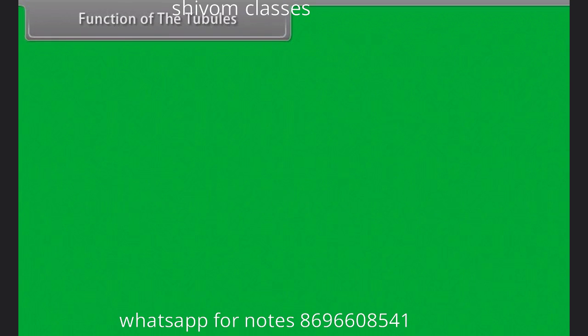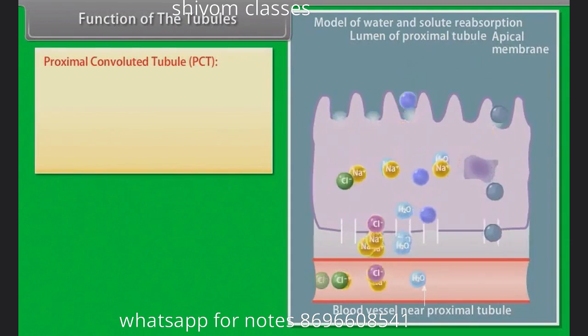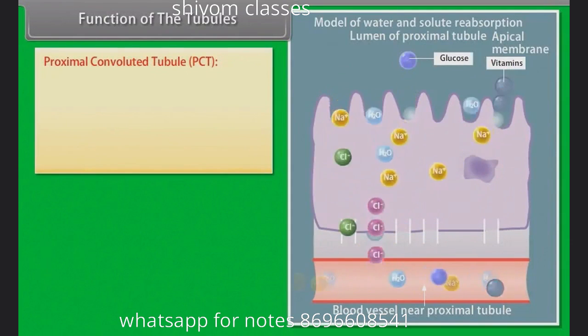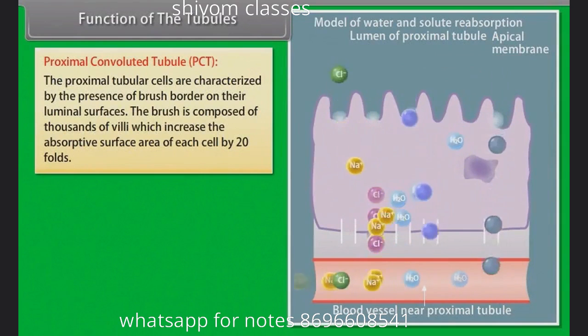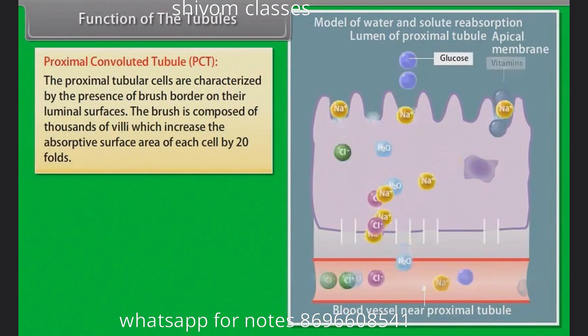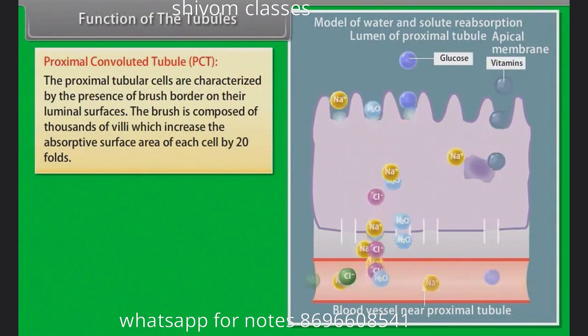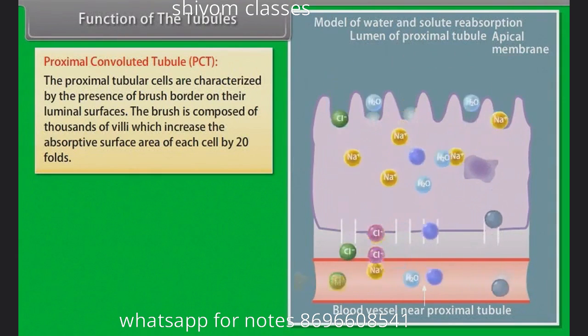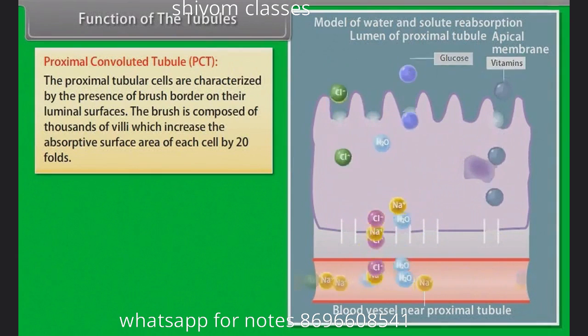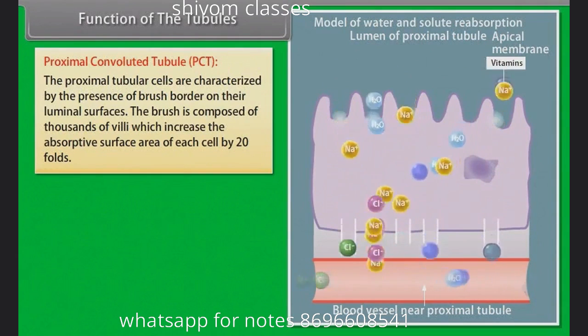Function of the tubules. Proximal convoluted tubule, PCT. The proximal tubular cells are characterized by the presence of a brush border on their luminal surfaces. The brush border is composed of thousands of villi, which increase the absorptive surface area of each cell by 20 folds.